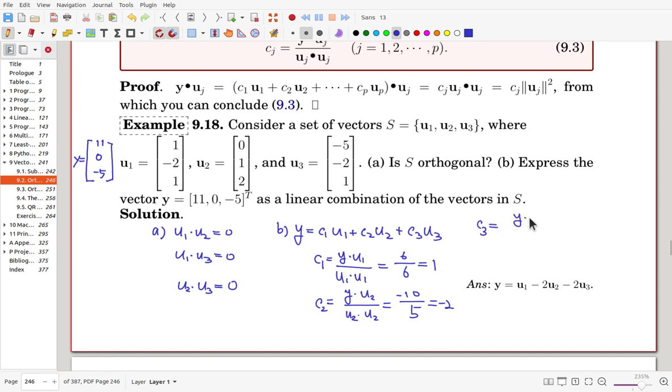That is y dot u3 over u3 dot u3. y dot u3 is minus 55, 0, and minus 5, divided by 25, 4, 1. Addition is 30. Top is minus 60. So that is minus 2. So we have c1 is 1, c2 is minus 2, and c3 is minus 2. So eventually we'll get that answer, right? Quite simple.